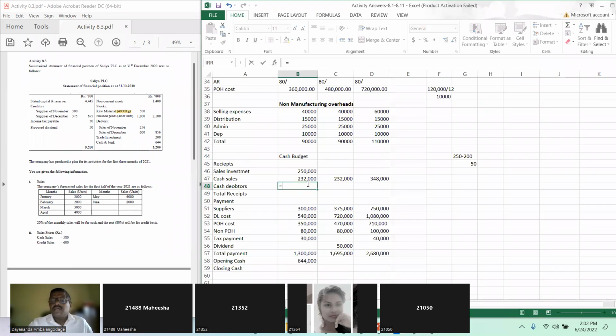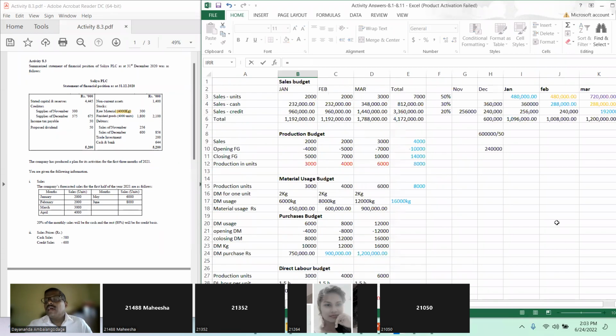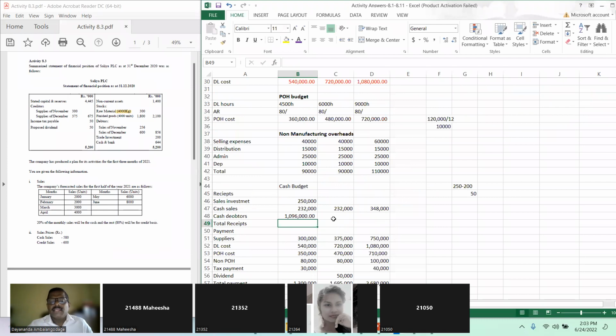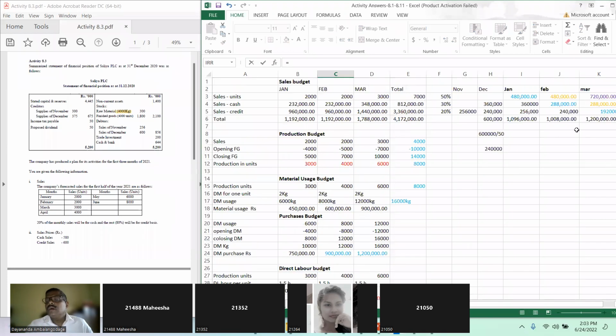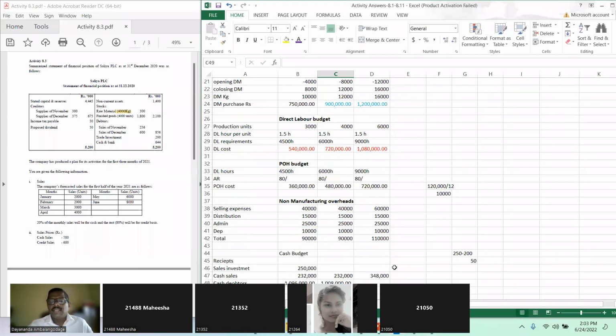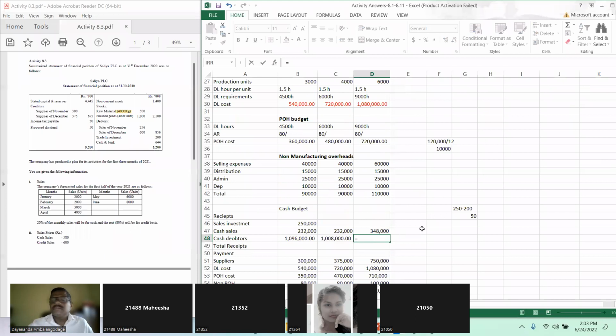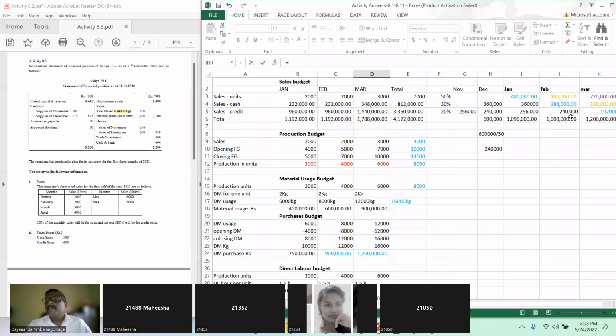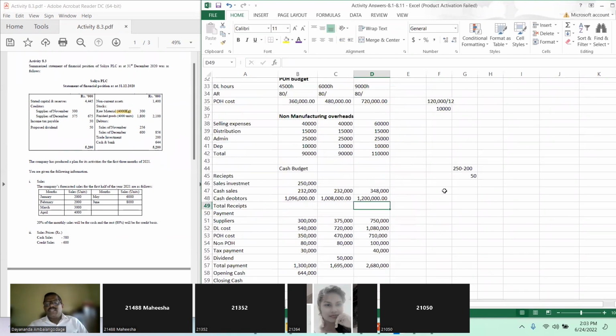How much? I take this one, right? And I take this one, debtors from here, this one, and here this one, no? Yes. So that is about debtors.